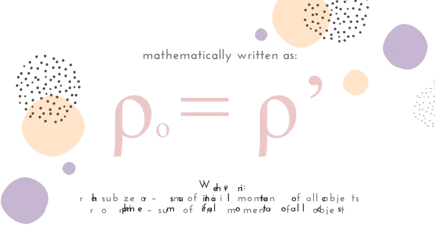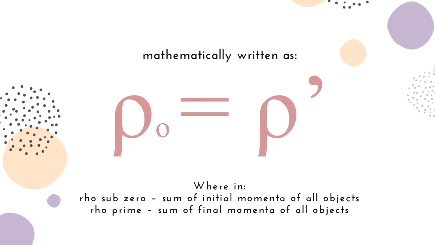Okay? So translating that into a mathematical equation, I'm going to include 0 as a subscript for our rho. By the way, if you still remember, rho is how we define momentum, right? Which is the product of mass and velocity.